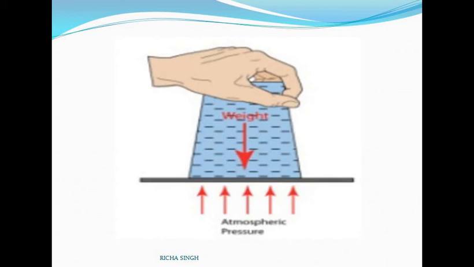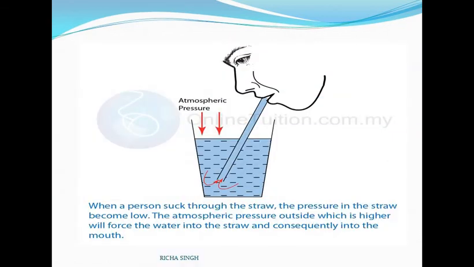Therefore, the water does not come out of the glass when it is inverted. As soon as you remove your hand, the water will come out, because there is no force due to the weight of the hand.